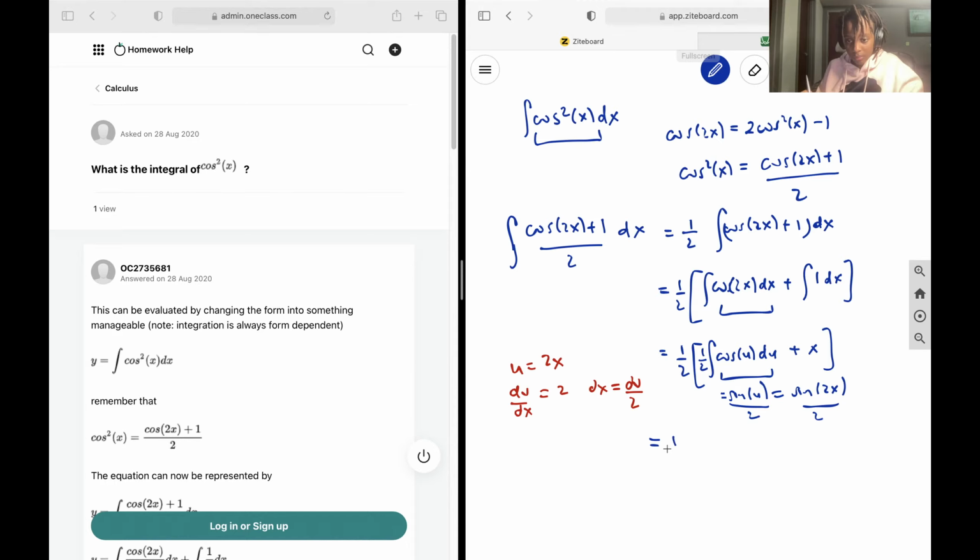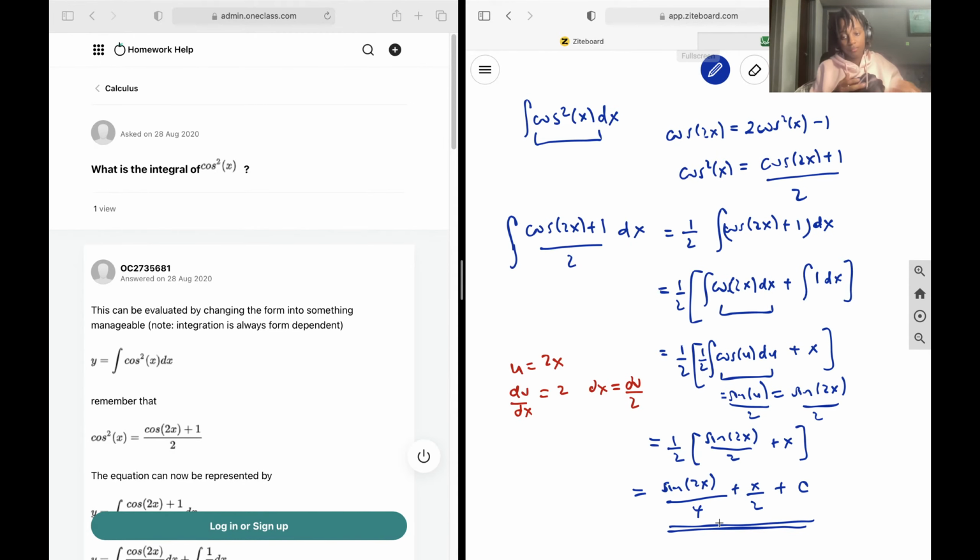So this just becomes a half multiplied by (sine 2x over 2 plus x), leaving us with sine 2x over 4 plus x over 2. And then let's not forget about the plus c, because we didn't have integration bounds. And that's going to be the final answer.